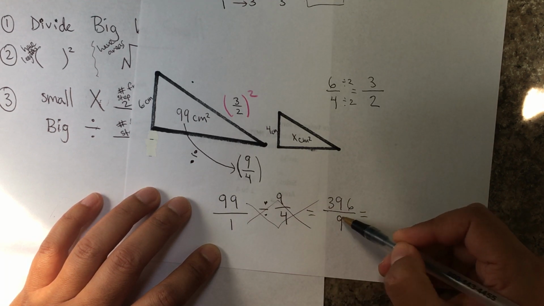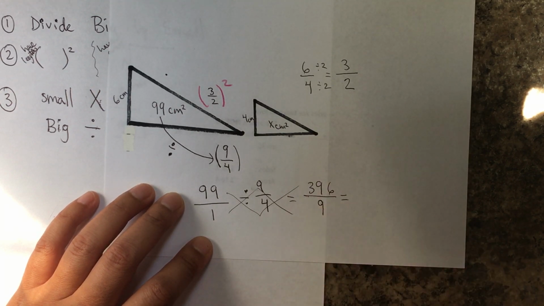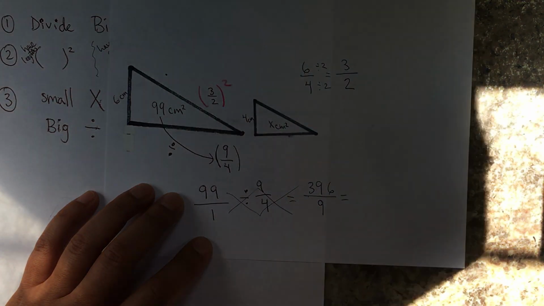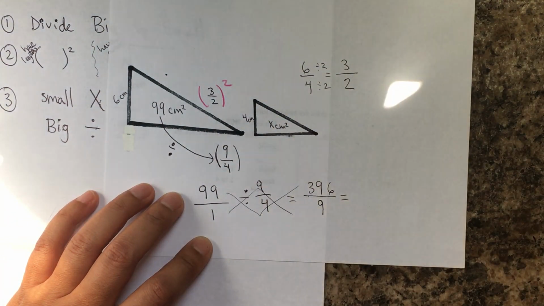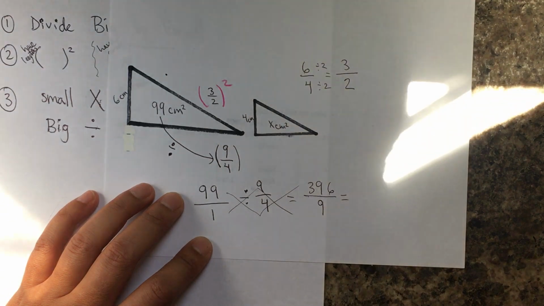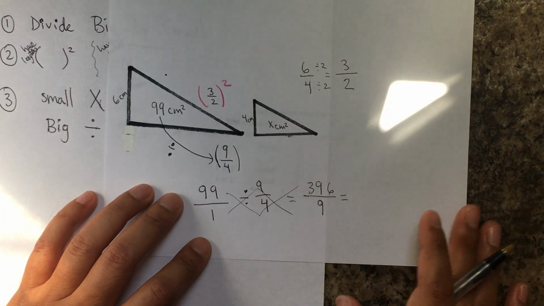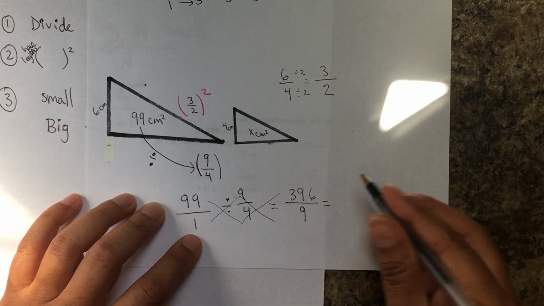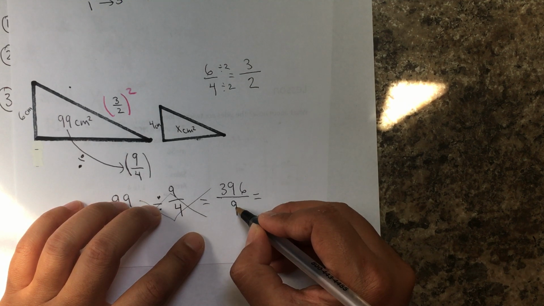And then this is direct division, okay? So direct division is: how many times is the 9 going into 3?